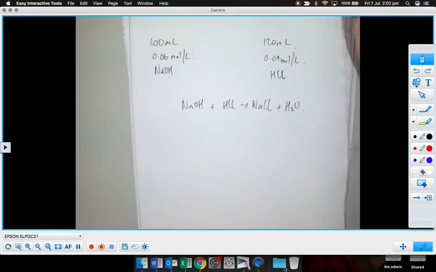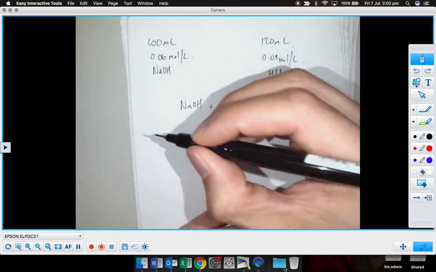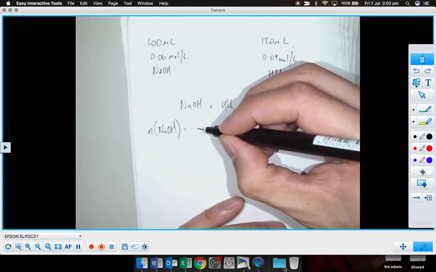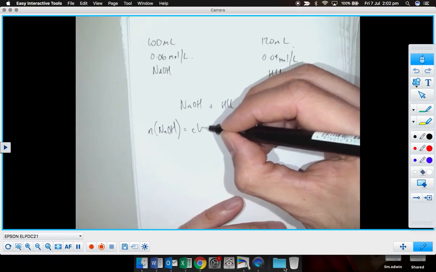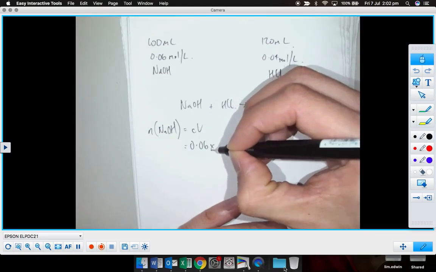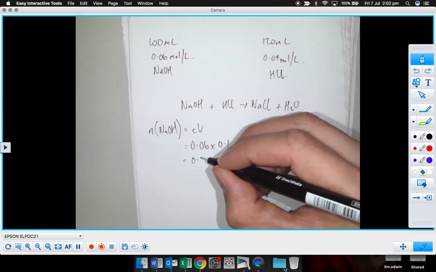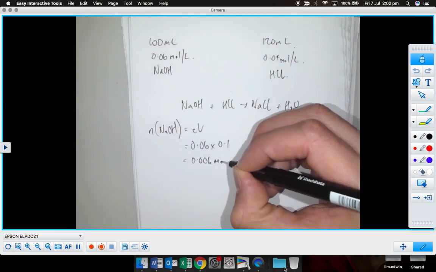How do we do a limiting reagent question? We need to work out the number of moles of each of these. So the number of moles of NaOH is equal to concentration times volume, which is 0.06 times 0.1, which happens to be 0.006 mole.